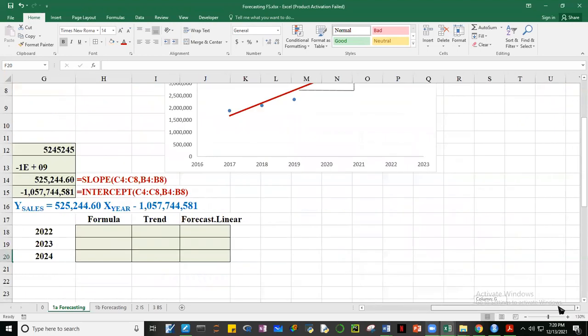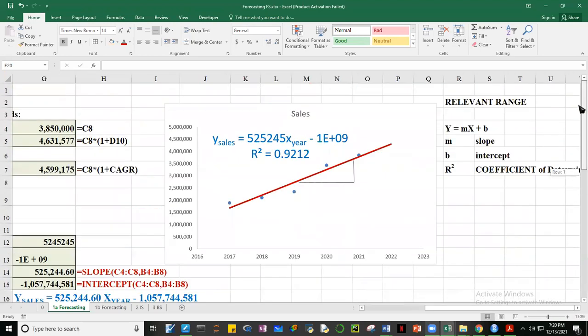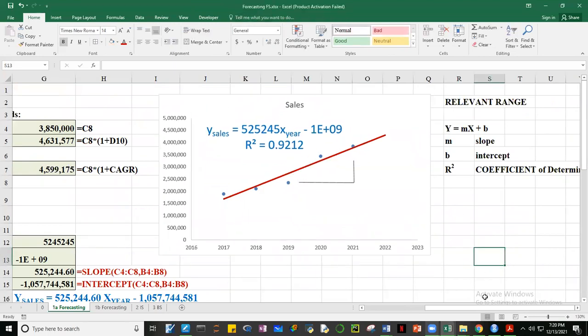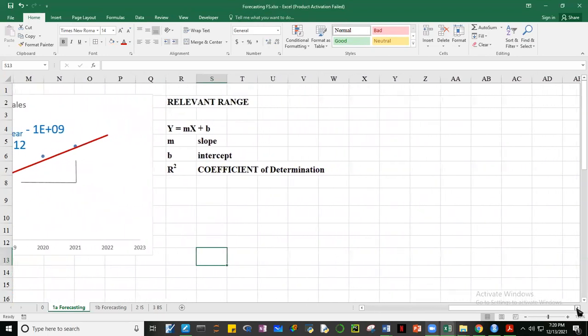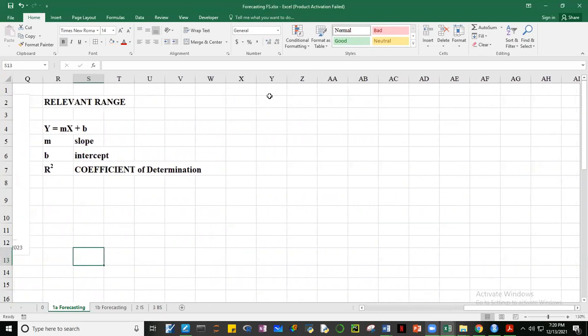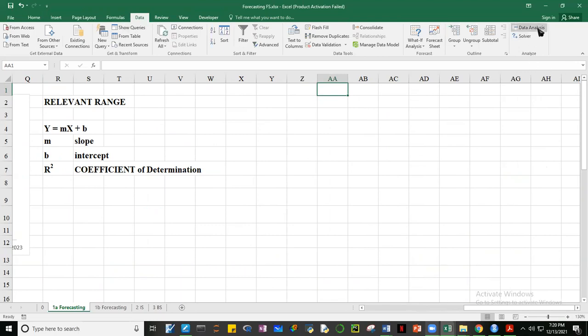Okay, there's another way to do it, and I'm sure you did this already before in your other subjects, but let's just have a quick review of that. We're going to use the data analysis toolpak in Excel. Okay, so let me just put the results here in AA. So you go to data. So dapat may data analysis na kayo dito, no? Just a quick question. Who among you does not have data analysis here?